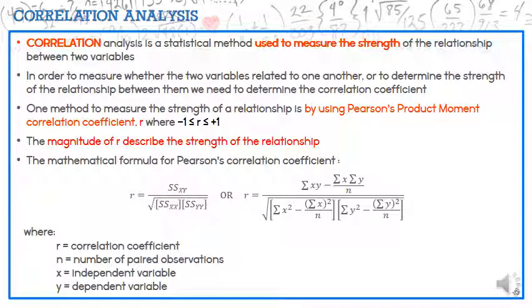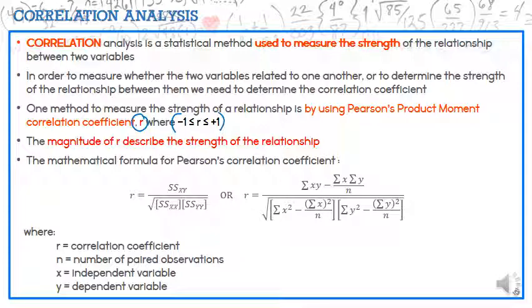So one method to measure the strength of a relationship is by using the Pearson product moment correlation coefficient. And the notation is R, where the magnitude is -1 to +1. So R shouldn't be less than -1 and it shouldn't be more than +1.